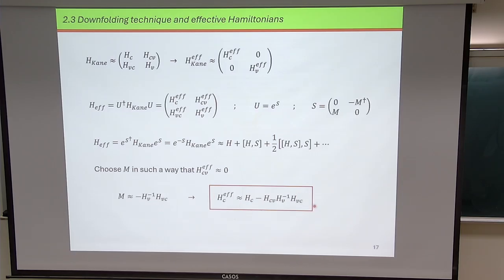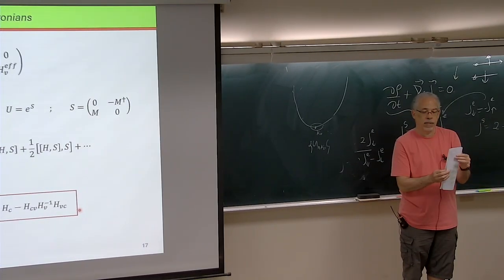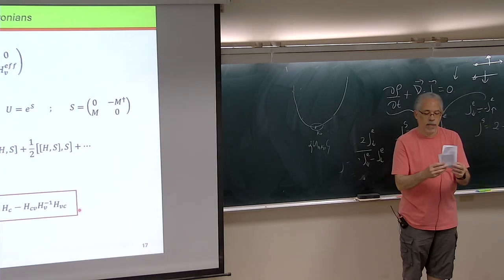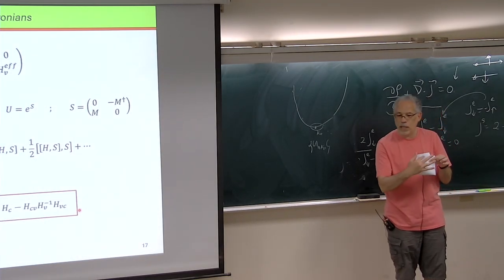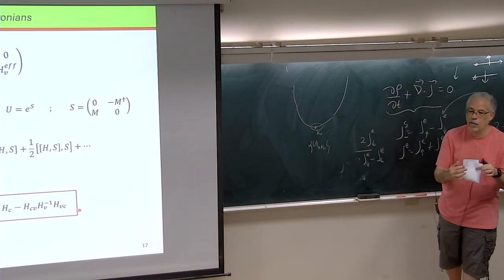This technique is called downfolding, because you start with your 8/8 Hamiltonian, and it's like this: you have 4 blocks here, and essentially what you are doing is reducing your Hamiltonian, this is downfolding, so that you end up with your small Hamiltonian.